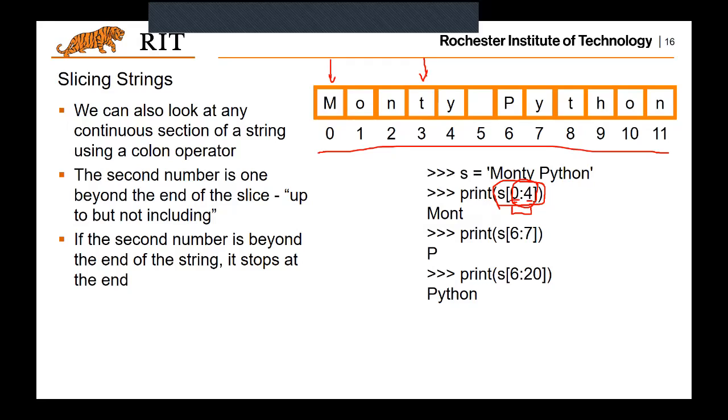For the first number, it will include the character with this index. But for the second number, the index is not included. You want the one before this one. The number here is 4.